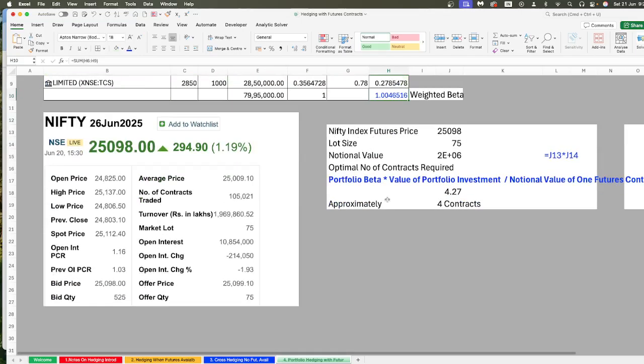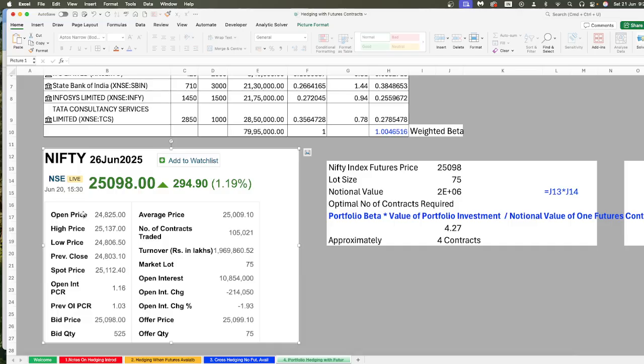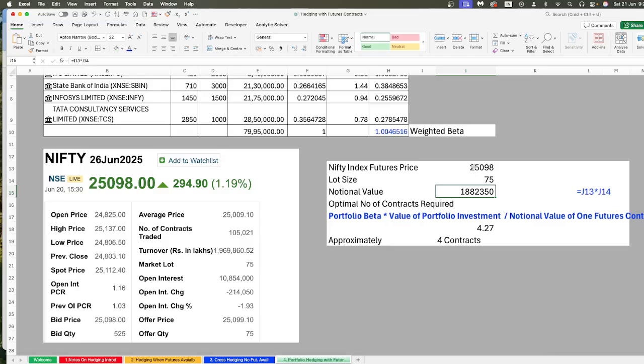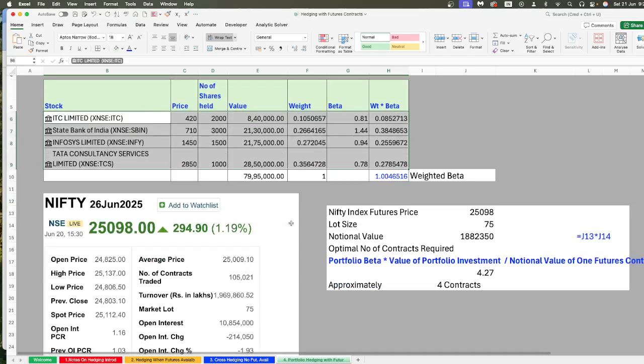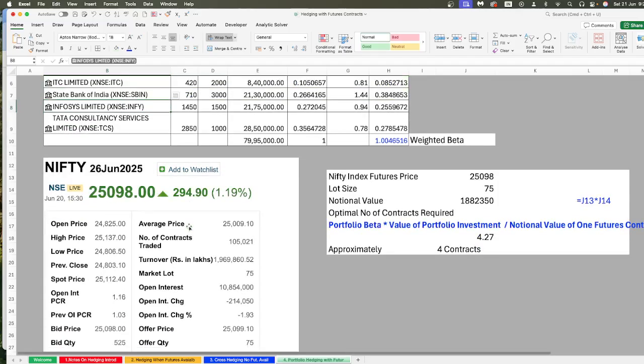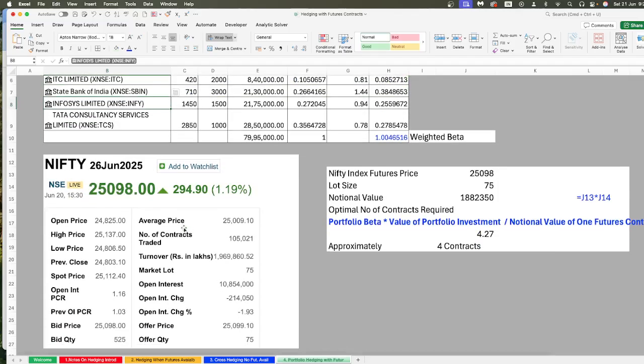Now let's say that he wants to hedge using the Nifty index futures. First calculate the notional value of the futures contract. Let's say the Nifty futures is 25,098, lot size is 75, and then the notional value. Whenever there is a portfolio of stocks, he has to choose a corresponding index. He cannot choose futures on each stock, that will be very expensive and very difficult. So instead, he can choose an appropriate index.